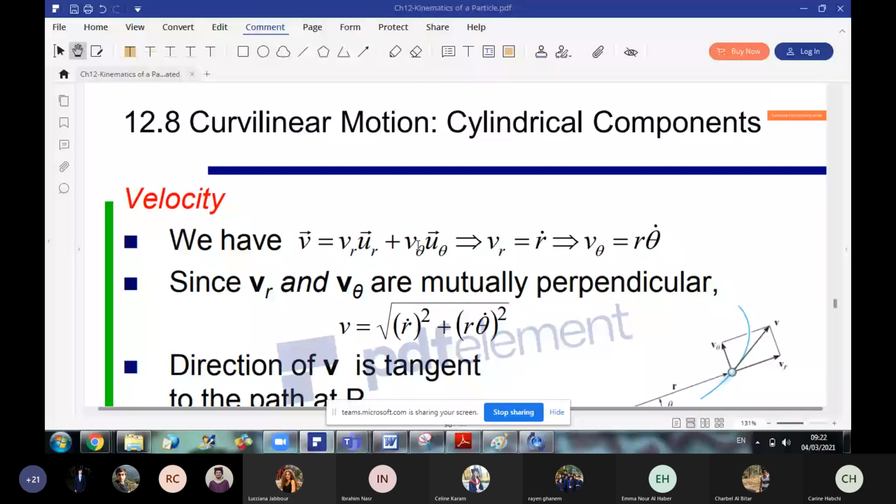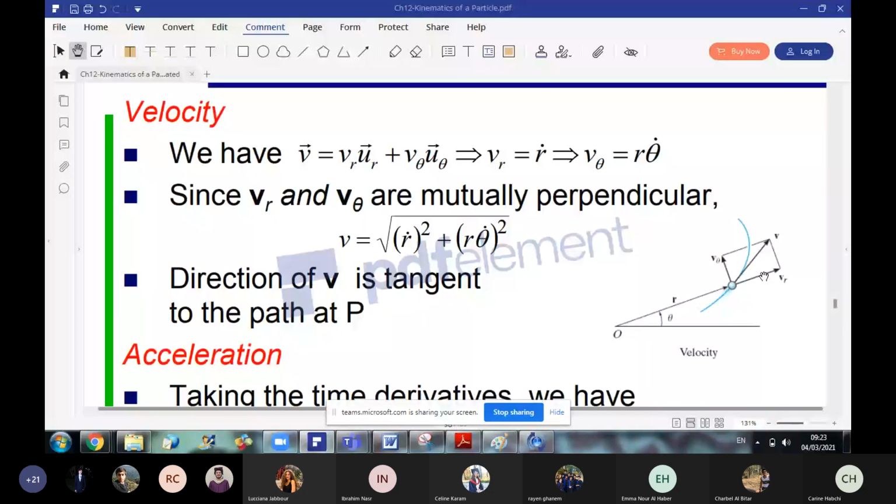Okay. So why here, if you remember, with the tangential component we only had V along UT, we didn't have V along UN. Why here is it different? Because, please pay attention, UR is not tangent to the path. Right? Because UR will depend on the selection of the origin. Here, for example, if you look at this example, UR is not tangent to my path. And I know that my velocity vector will always be tangent to the path.